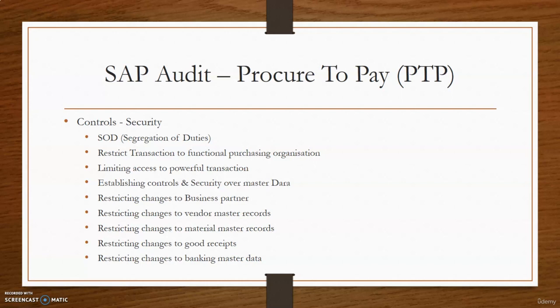Next is to restrict changes to the vendor accounting related master data. This is similar to customer records. Vendor master records also contain important SAP ERP financial accounting related data. Special information such as vendor reconciliation account and bank data can be important for general internal control as well as fraud prevention.